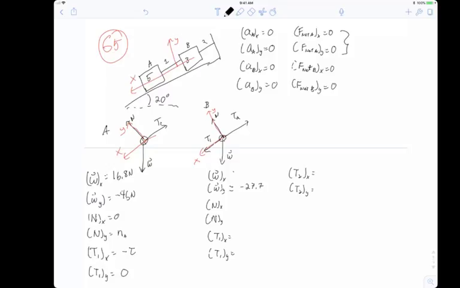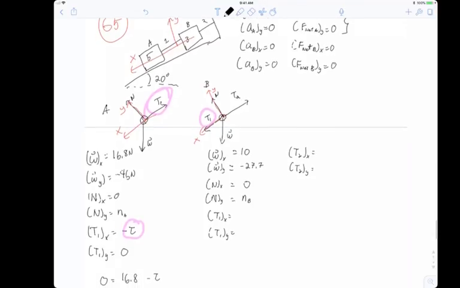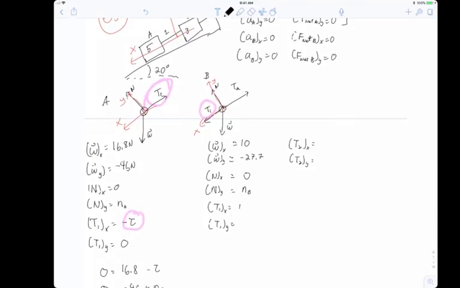That's equal to 10 newtons. Normal force in the x direction is 0. Normal force in the y direction, I'll call it NB. Tension force in the x direction. Here's where things get fun. I don't know how big this tension force is, but I do know that it's the same strength as here, which means I need to reuse that variable. So it's plus tau.